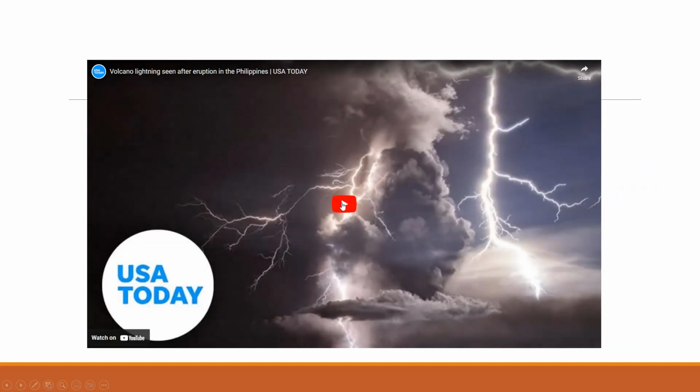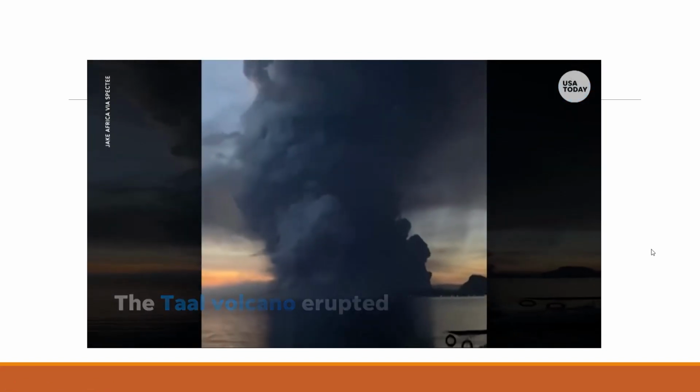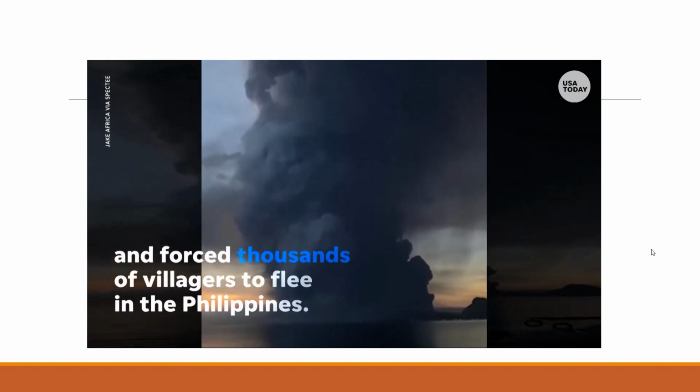This is a fast video just showing volcanic lightning because it's just cool. So this is lightning during volcanic eruptions. I believe this is the Philippines.